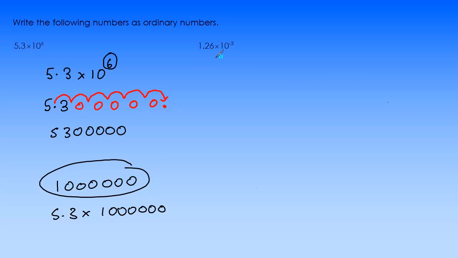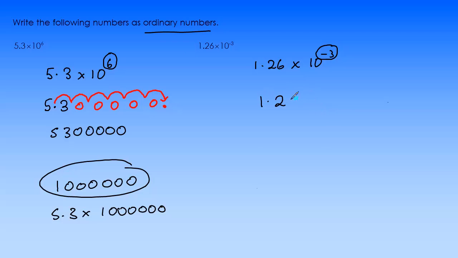Here we have 1.26 times 10 to the negative 3. The fact that this is negative tells us the original number, when written as an ordinary number, is going to be less than 1.